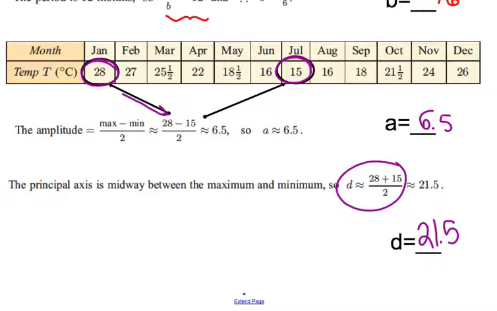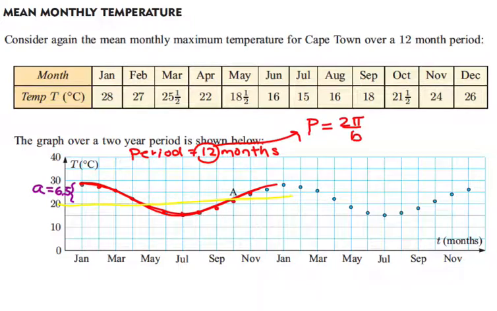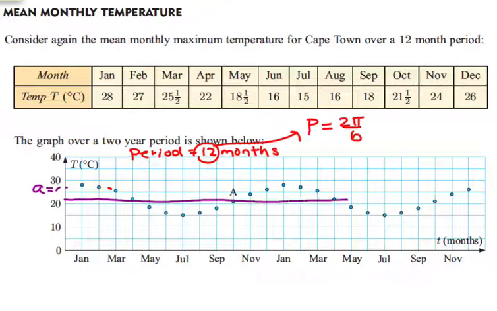Let's go back up to our graph again. Does it look like, I put it at 20 because I wasn't sure. The principal axis is at 21.5. So this is our y equals 21.5 up. Then we have our sine function graphed out, one revolution.